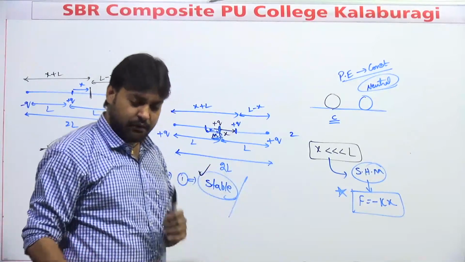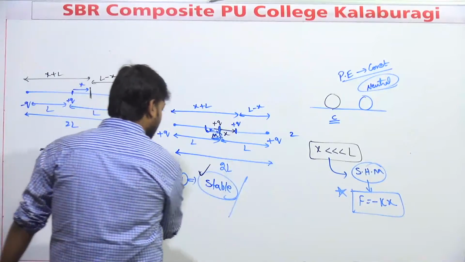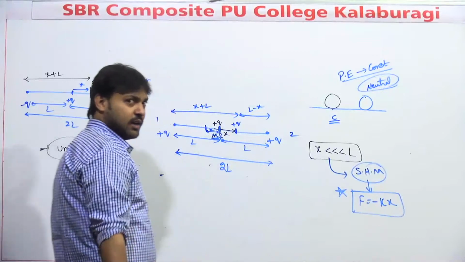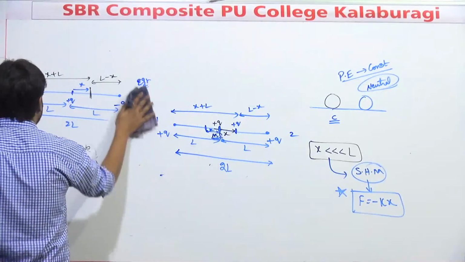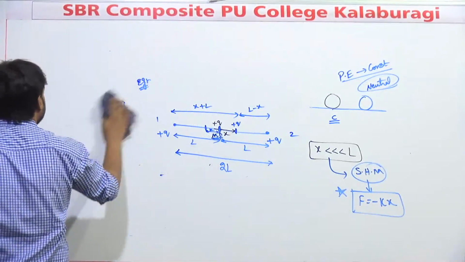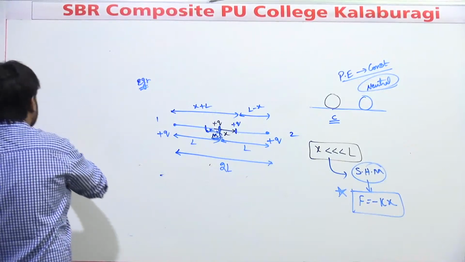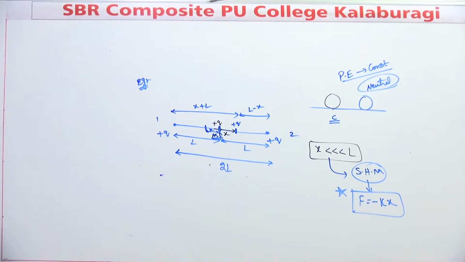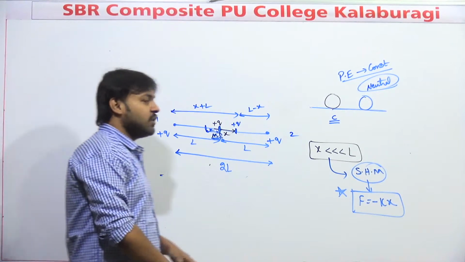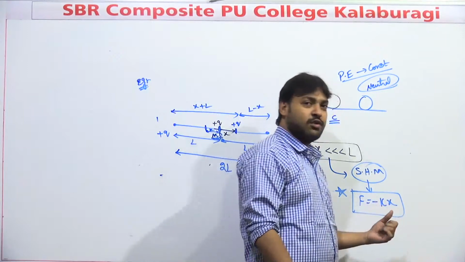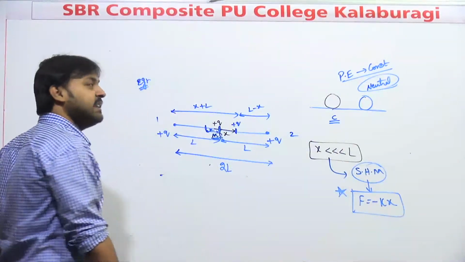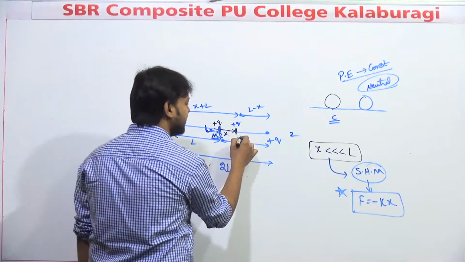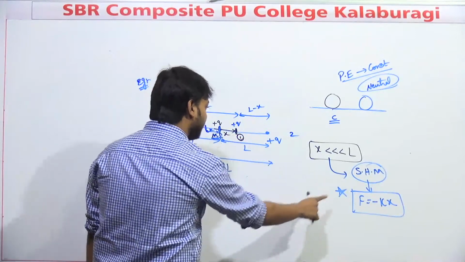Got the point? Now we will calculate whether the given situation satisfies F equals minus kx or not. So we'll calculate net force equals minus kx, right? So find the net force at this point. You can take any point. I am considering this point, and here I am calculating the net force.